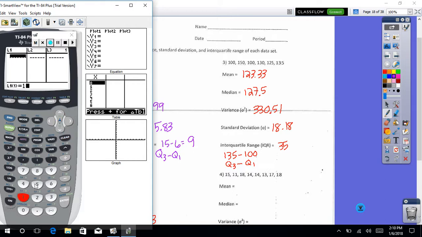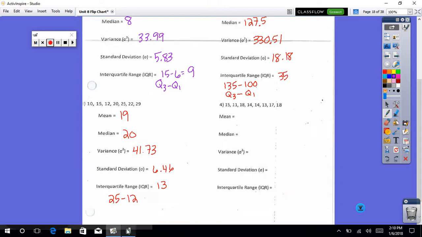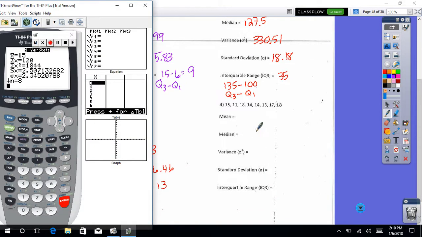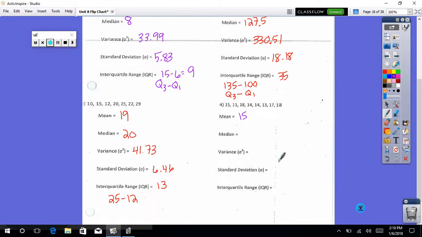And the last one. On this one we got a mean of 15. Standard deviation was 2.35.